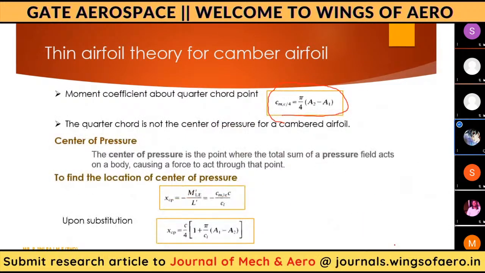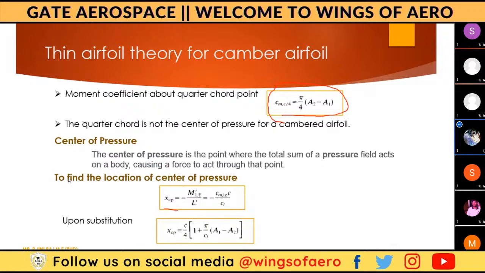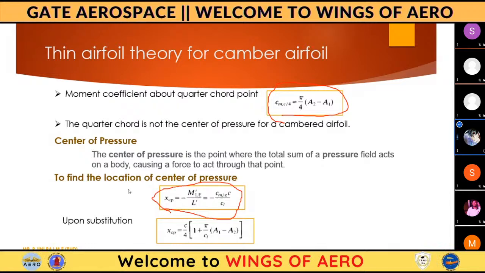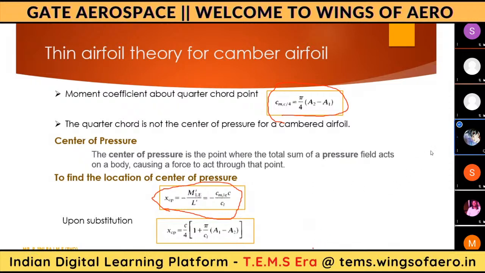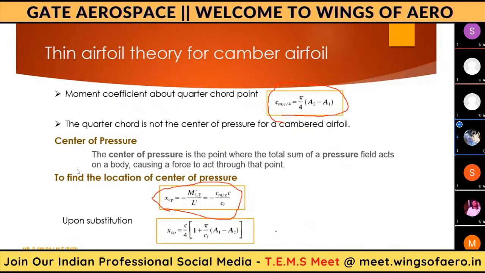Okay, fine. So in order to find the location of center of pressure for a cambered aerofoil, this is the formula. In the last class you asked one question, no? How we can find the mean camber line and lift coefficients by using the mean camber line equations.